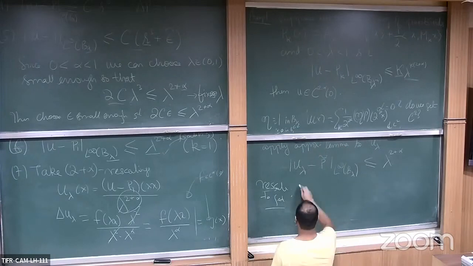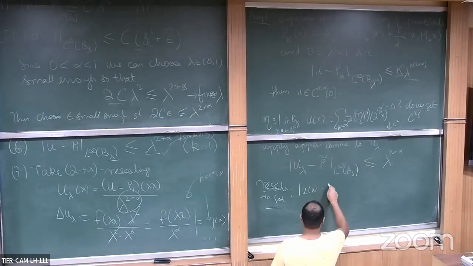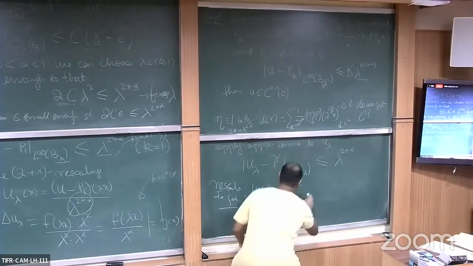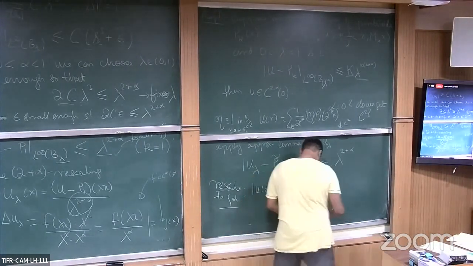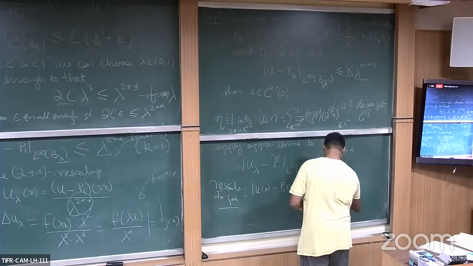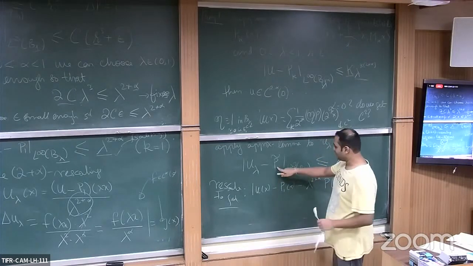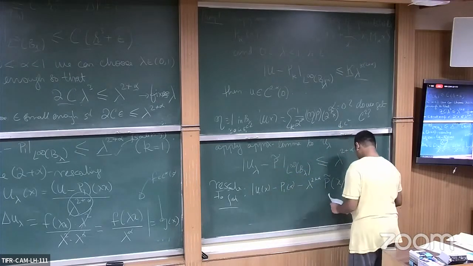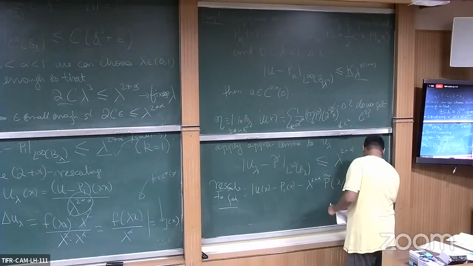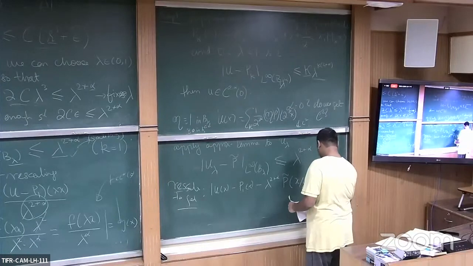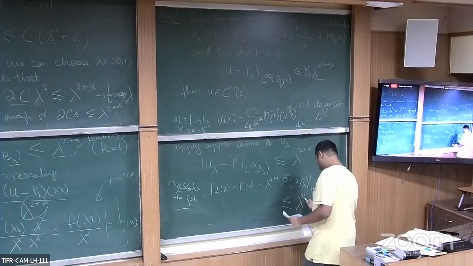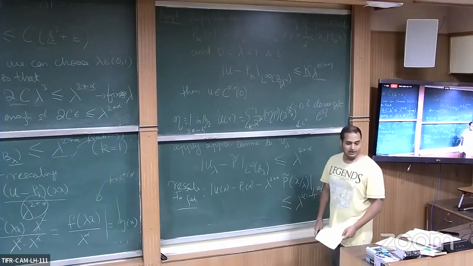So I rescale to u(x) minus p1(x) from there, minus lambda 2 plus alpha down there times let's call this p tilde of x by lambda, because this was at x, I've scaled it as x by lambda, right? Times L infinity of B lambda got scaled by lambda, so lambda square is less than or equal to, now the denominator goes here, this becomes lambda 2 plus alpha, right?